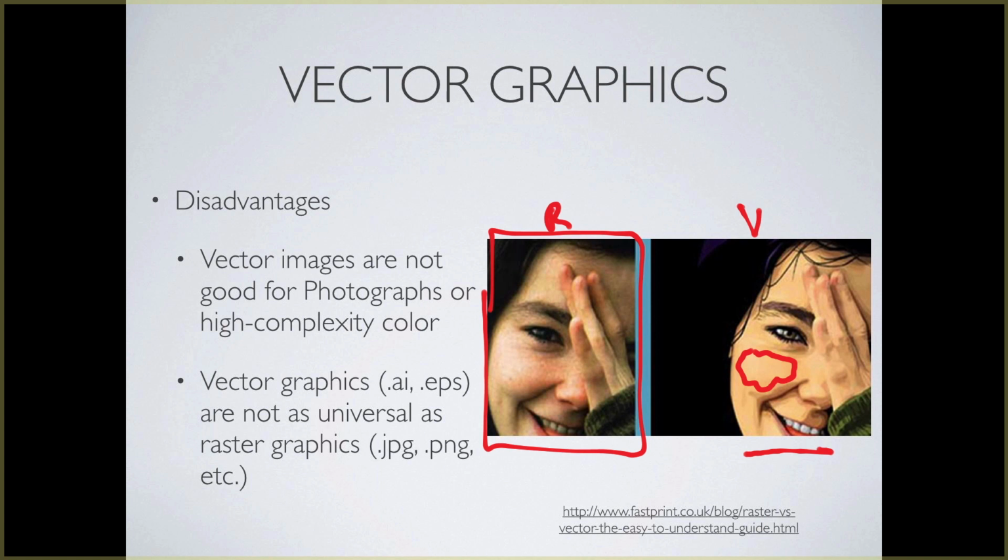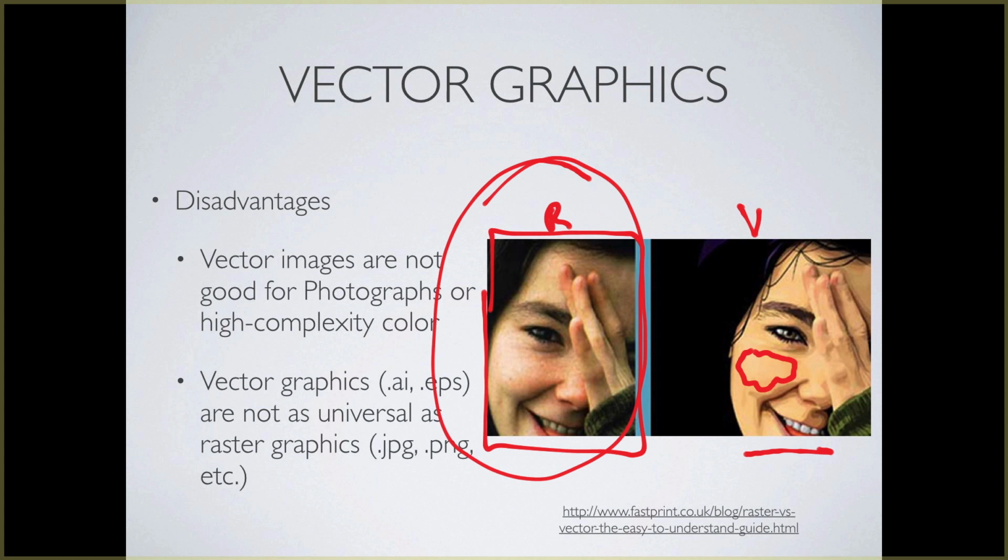Because the vector graphic has to define this region is this color. It's math. This curve is this color. This other curve is this color, as opposed to pixel by pixel transitions of color. So for a photograph, the raster graphic is always far better than the vector graphic.